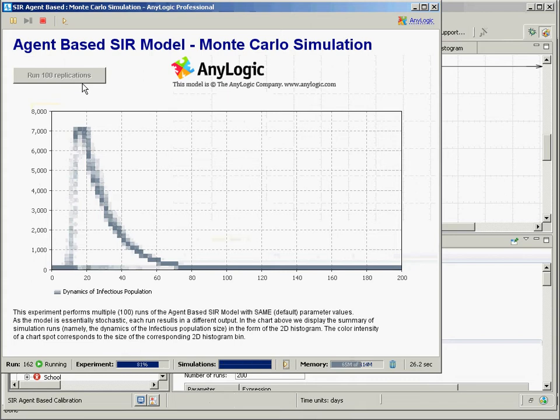So running the parameter variation experiment runs the model in what we call in computer science a headless fashion, meaning it has no output. It has no visualization associated with it. And that can mean a very material speed up in the performance of your simulation. So you run the model here 200 times in a somewhat parallel fashion with the results summarized.